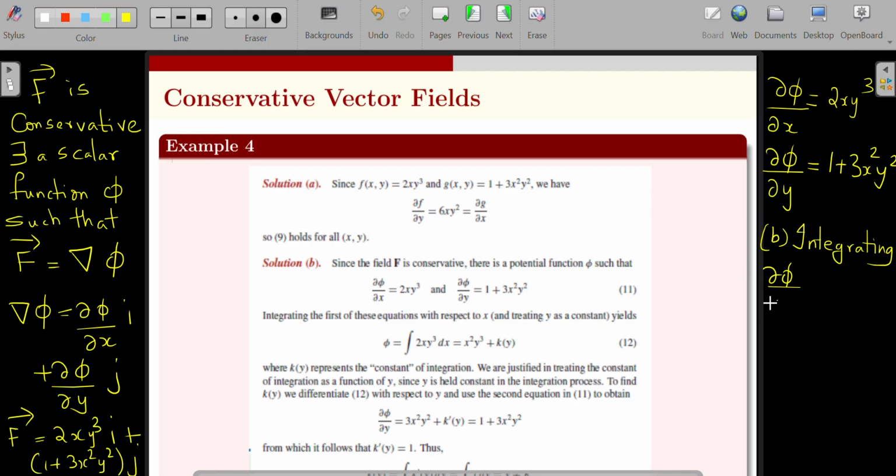So integrating ∂φ/∂x with respect to x. What is the need to integrate ∂φ/∂x with respect to x?